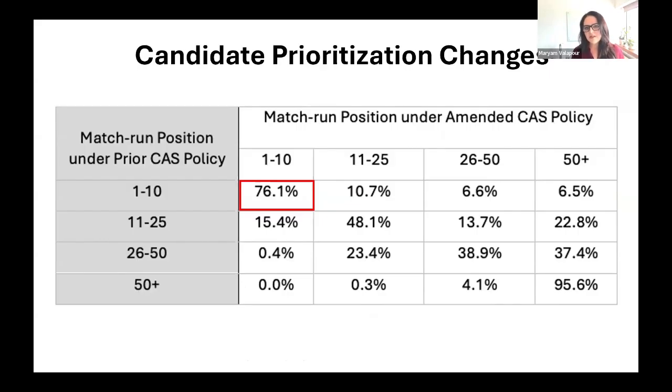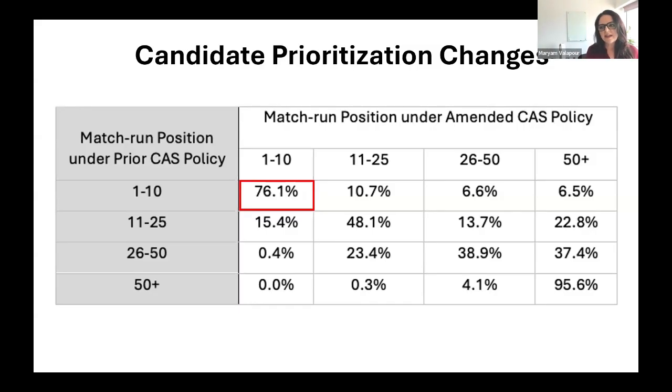And what stands out is that 70% of candidates who were ranked in the top 10 under the previous CAS remained in the top 10 under the amended CAS, which means that a quarter of the candidates who were ranked in the top 10 dropped to a lower rank under the amended policy. That's a surprisingly large number, especially when you consider that the candidates did not change, the donor environment didn't change. The only thing that changed was how distance was weighted.